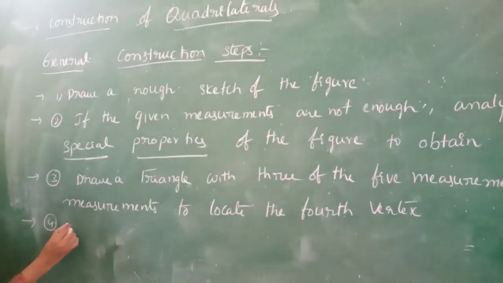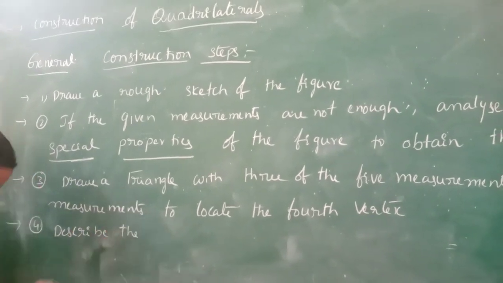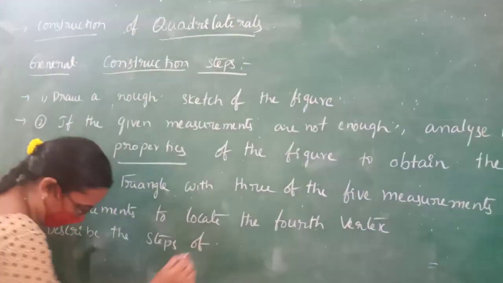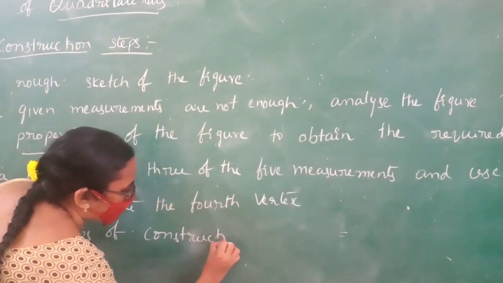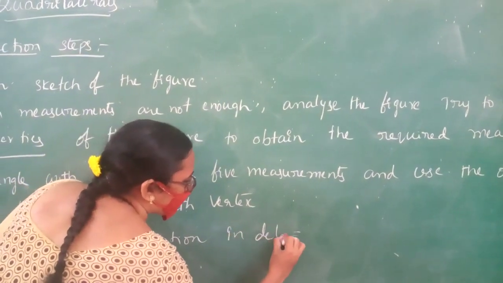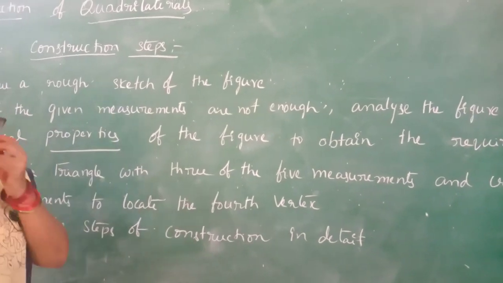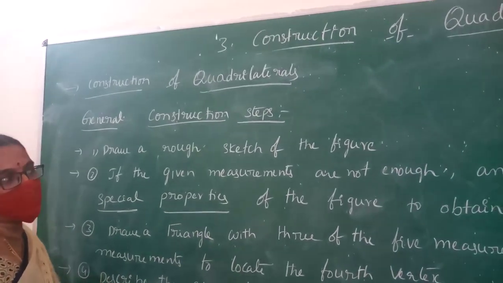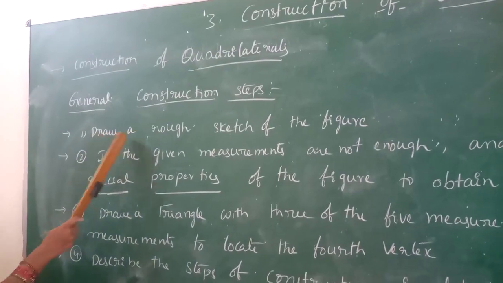Then the 4th step is describe the steps of construction in detail. Children, do you understand? These are the general steps. In every method of the construction of a quadrilateral, we follow these 4 steps.